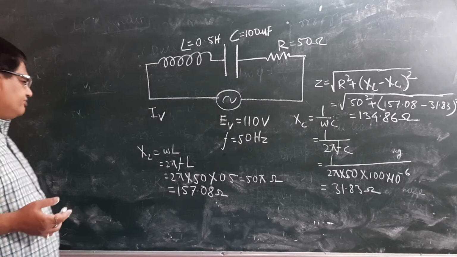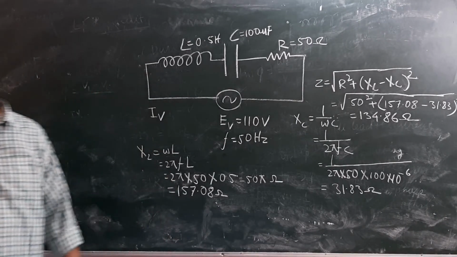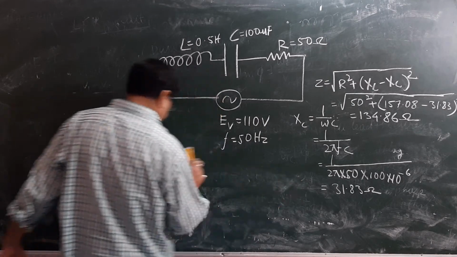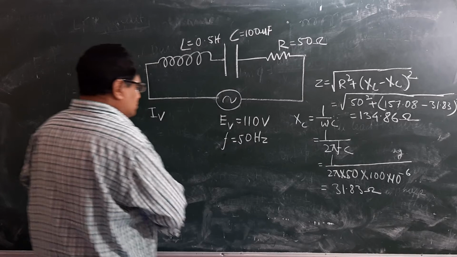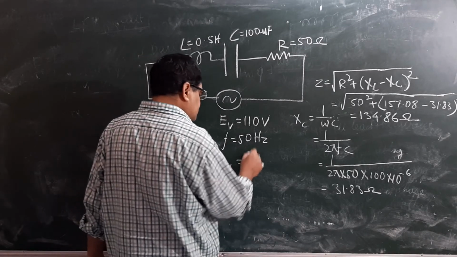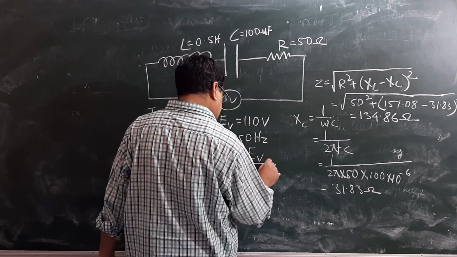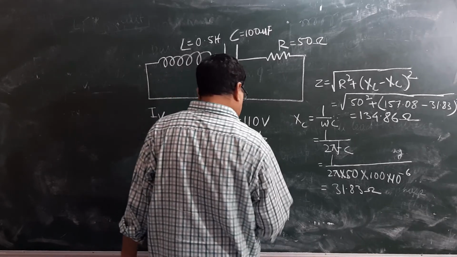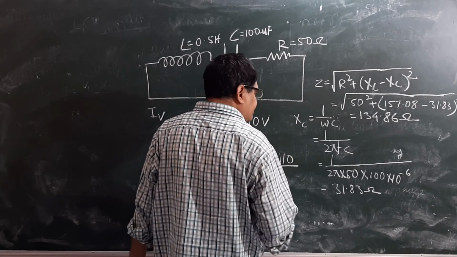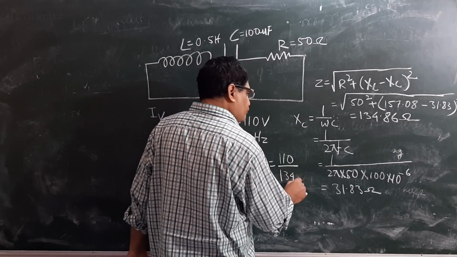Now we know the value of EV, so we can determine IV. You can write IV is equal to EV divided by Z. EV is already given to us, that is 110, and we have calculated the value of Z over here, that is 134.86.